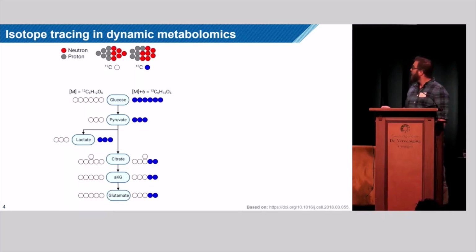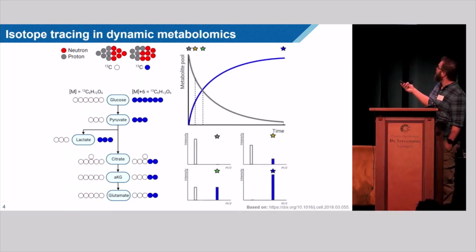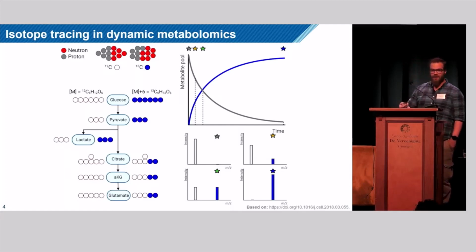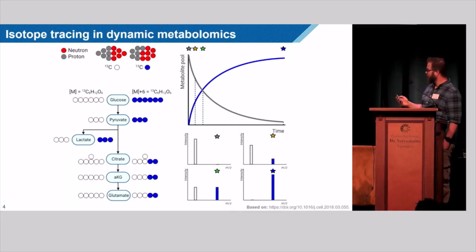The advantage of mass spectrometry in this case is that these compounds obviously differ in mass. So what you will see over time is a decrease in the endogenous 12C compound and an increase in the 13C and the labeled compounds. Since they differ in mass, we can very nicely detect this by mass spectrometry. And that also means that we can detect it by mass spectrometry imaging.